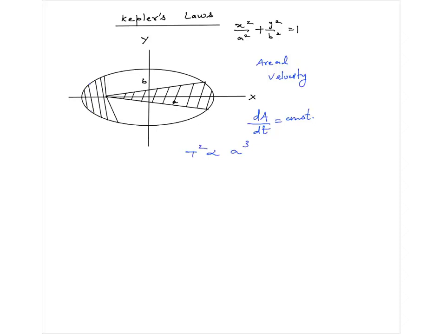T is the time it takes to complete one full revolution. In the case of a circle, where a and b are the same, we call them radius, a equal to b equal to radius. So it becomes T square is proportional to radius cube.